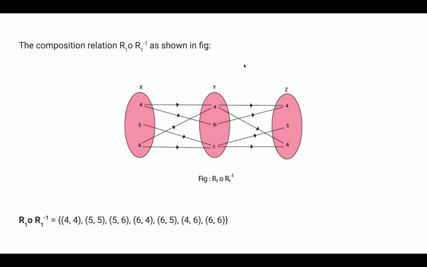X is 4, 5, 6, Y is A, B, C, and again 4, 5, 6. Same set we will consider. Whatever the relation 4 to A is there, then we will consider A to 4 is also there. Okay. 4 to B is there, B to 4 again we will consider.